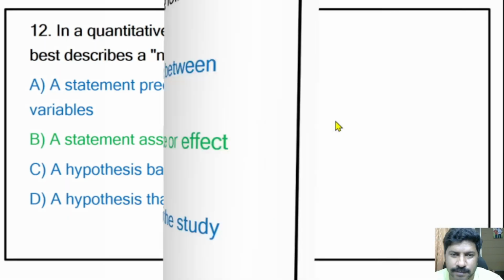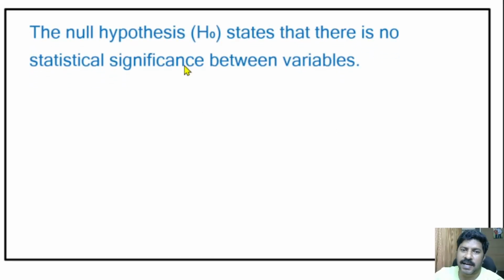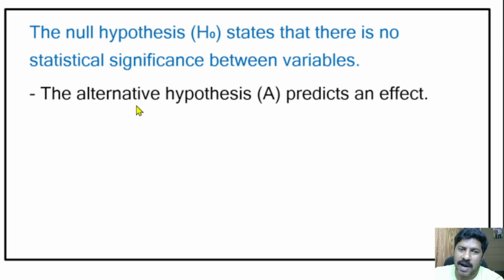So I will explain here. A null hypothesis, represented by H0, states that there is no statistical significance between variables. So the researcher assumes that there is no significant difference between variables. Usually, the researcher has to find out some relation between the variables, and only then can he move forward in that research study. Alternative hypothesis predicts an effect.